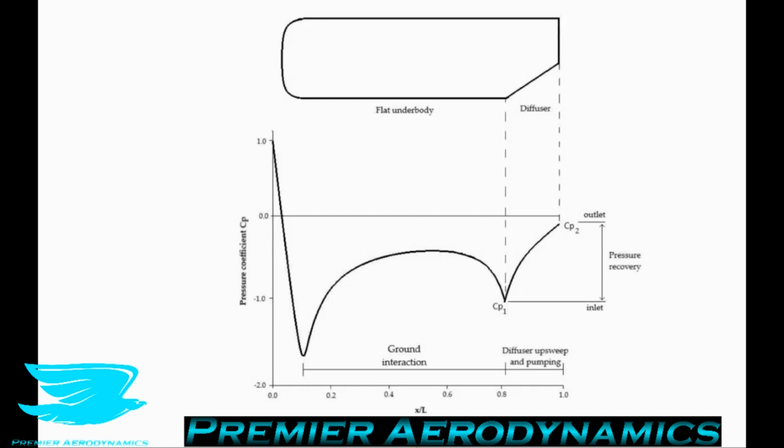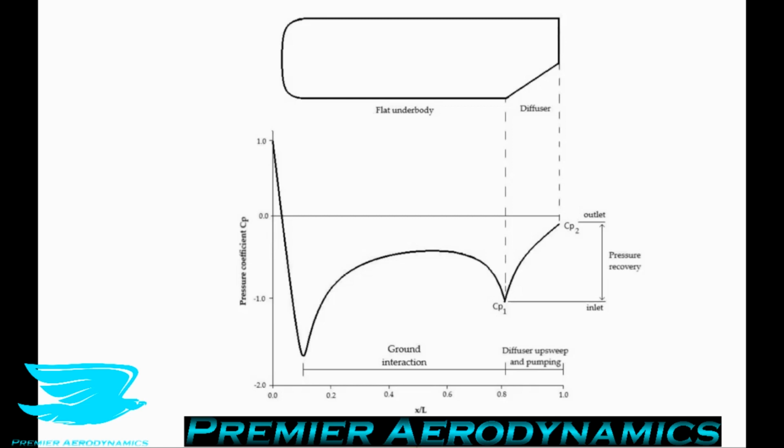So in this figure, they have the armored body transposed onto the graph, and they go along the armored body's length, and they have the pressure coefficient plotted. They have a couple of points which are very important to note. As the air hits the front of the armored body, the pressure coefficient goes to 1 as there's a stagnation point there.